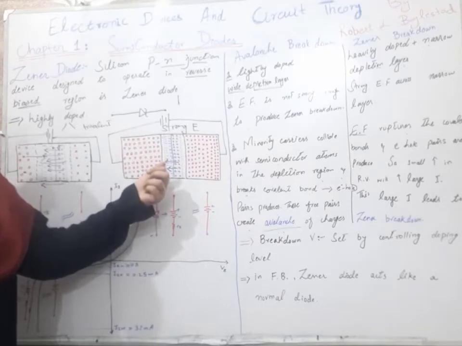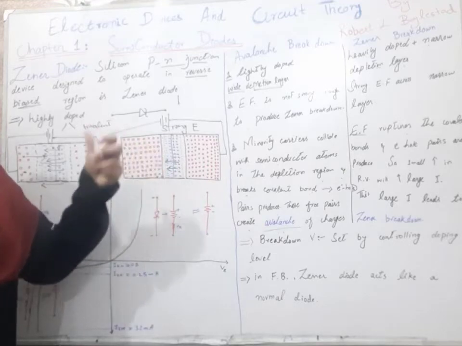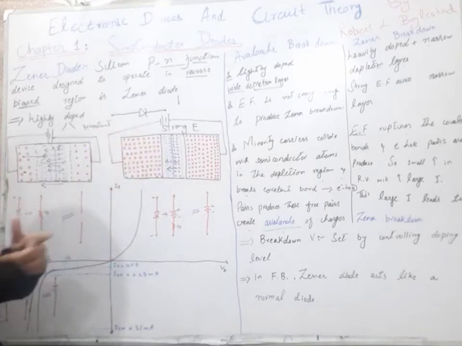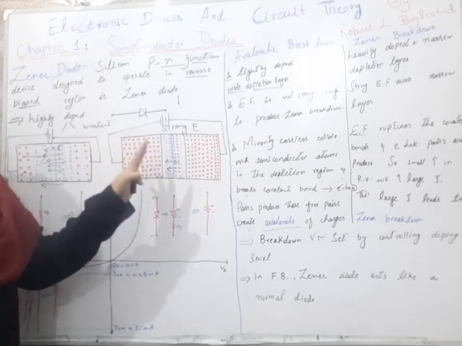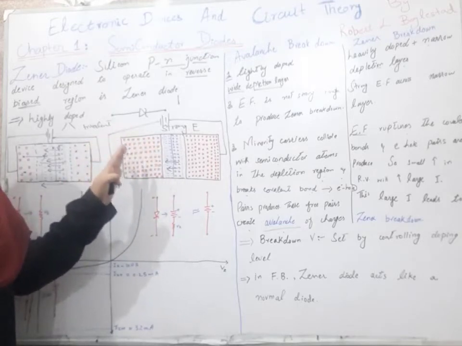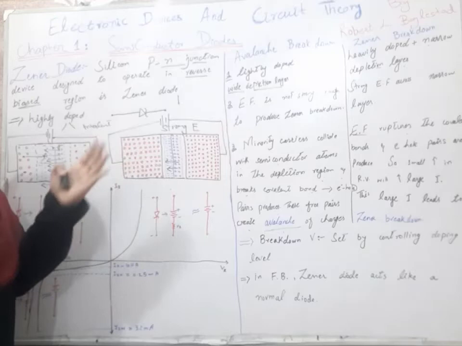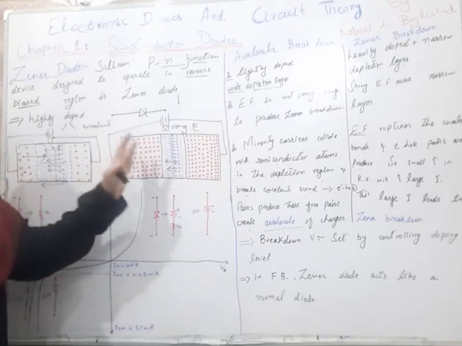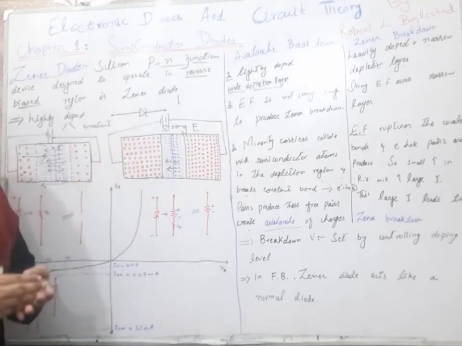The minority charge carrier effect also occurs, which means we will have both effects: minority charge carriers break the covalent bond, and the strong electric field also breaks the covalent bond.